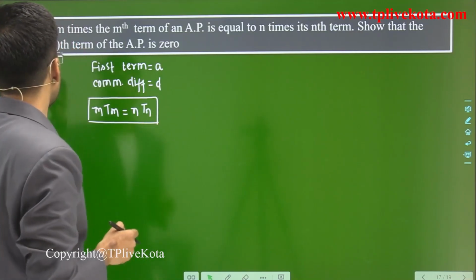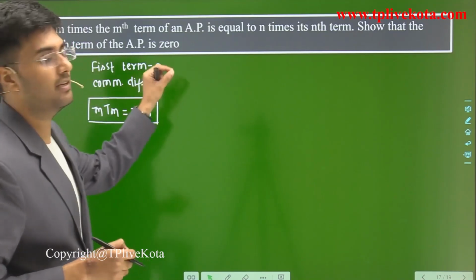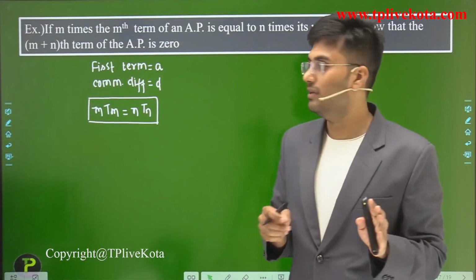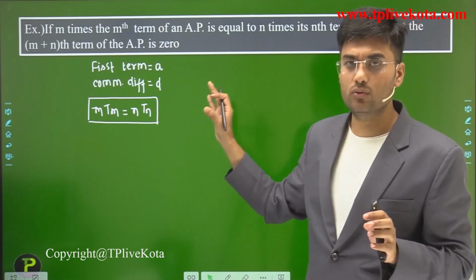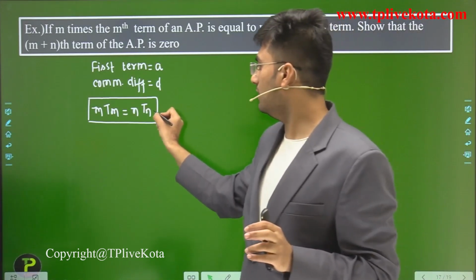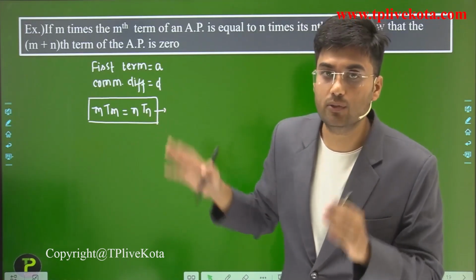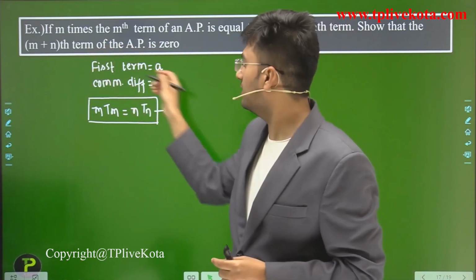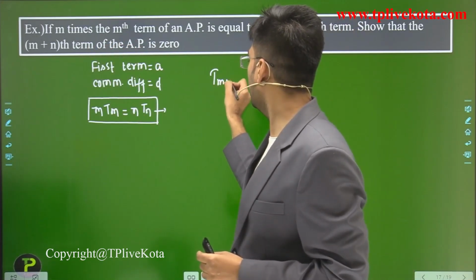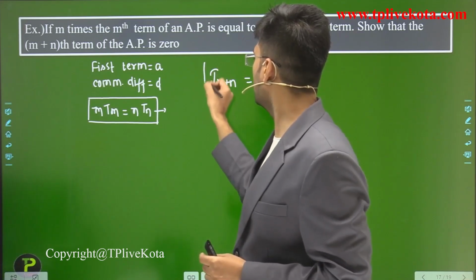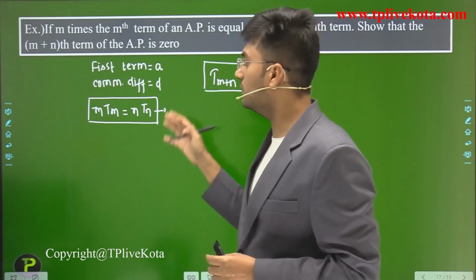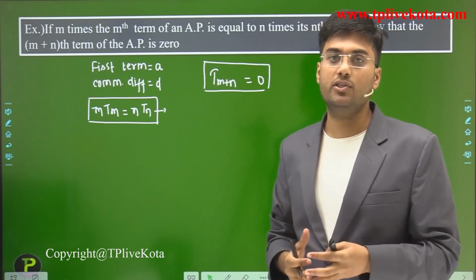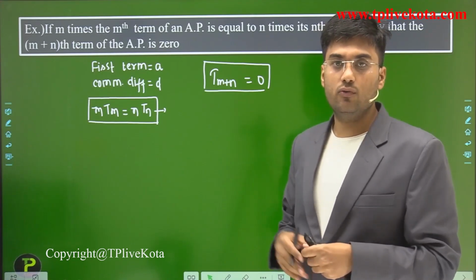We have to show that the (m plus n)th term of the AP is 0. So students, I hope you can solve this question yourself. This is the hint, and when you solve this you will get one equation, and by using that equation you will get T(m plus n) is equal to 0. And students, you have to remember this statement as a result, because sometimes in the objective examination it can be directly used to find the answer.